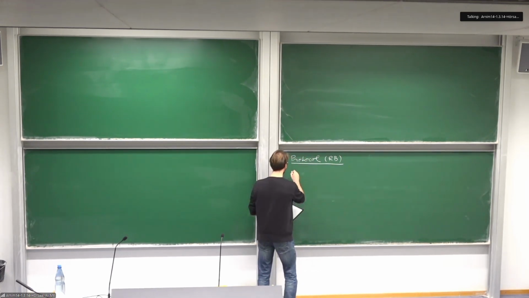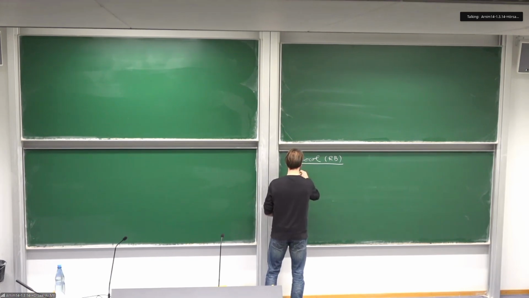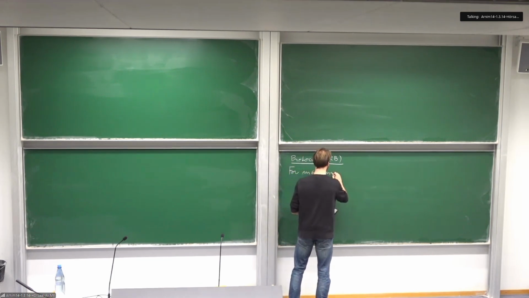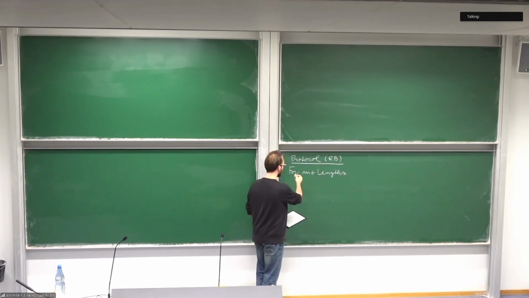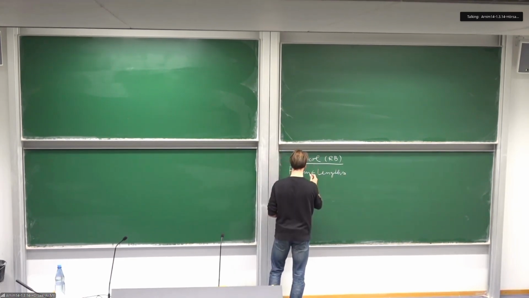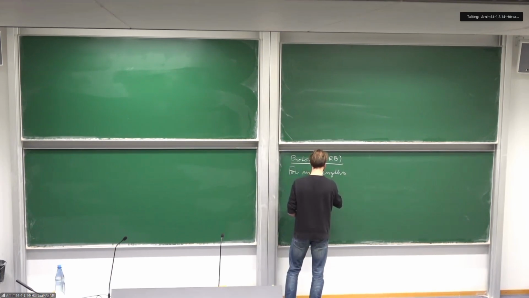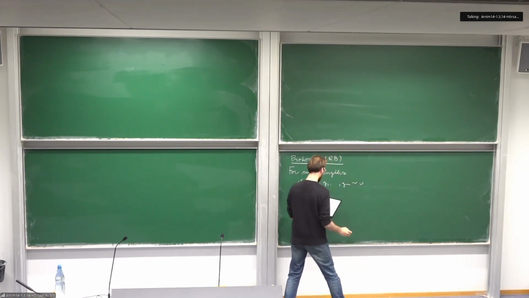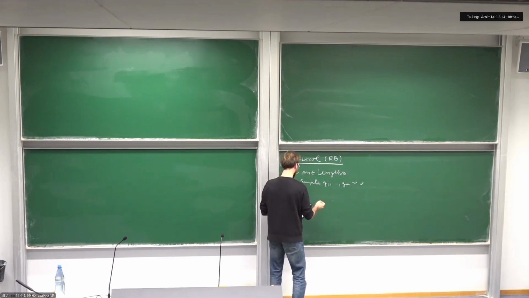We have a set of lengths, and for each length we sample G1 through GM from the probability distribution that we chose.